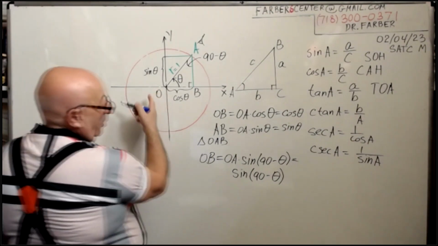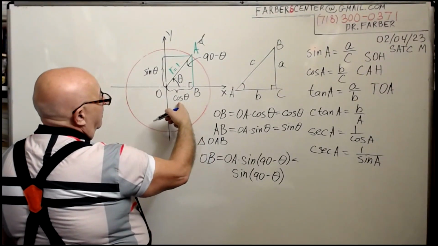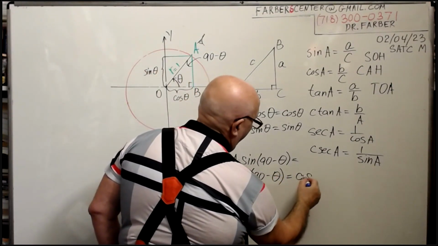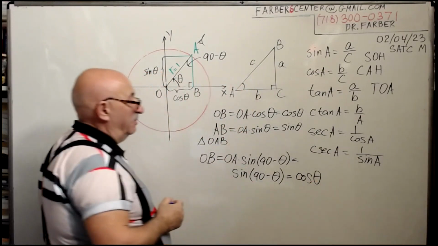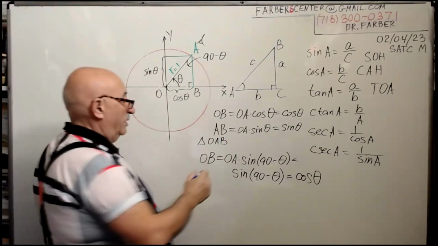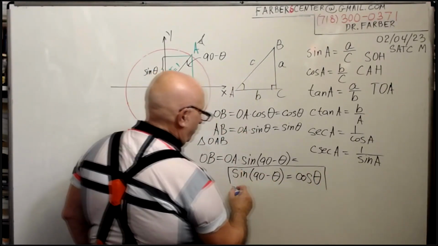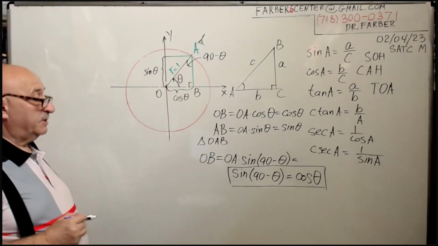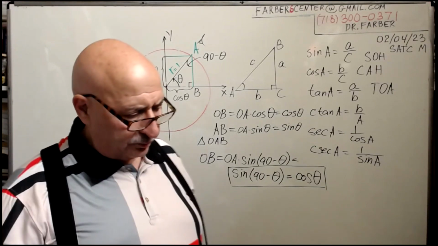But look at this. I get that OB equals this. From another side, I found before that it equals cosine of theta. This is an extremely important formula. It's related not only to sine and cosine but to what we name cofunctions. This is key to so many SAT questions.